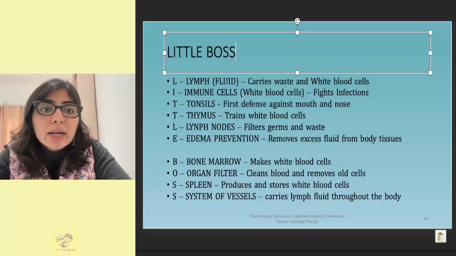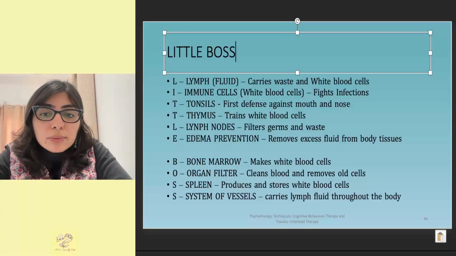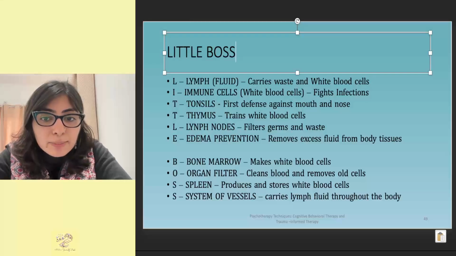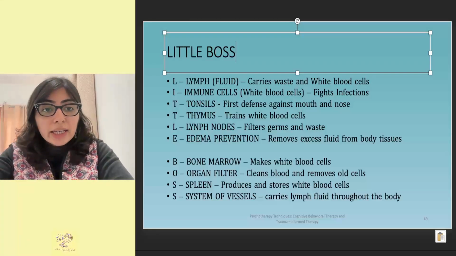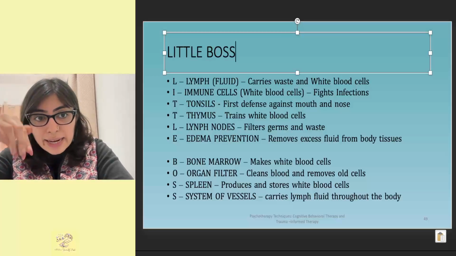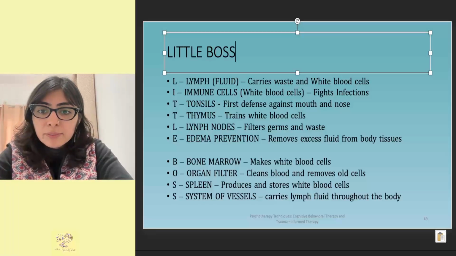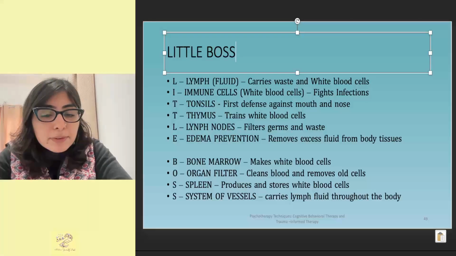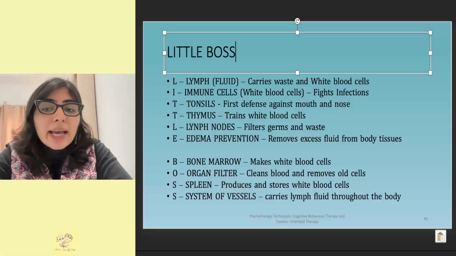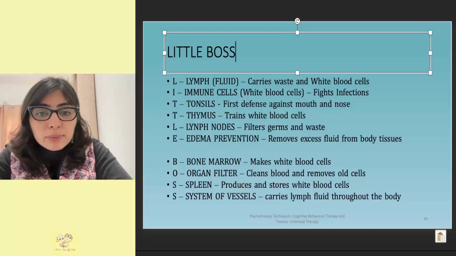Spleen is another part on the left side of the body. It produces and stores. So the spleen is producing white blood cells, and bone marrow is producing white blood cells, which again flow inside the lymphatic capillaries. And then there is a system of thin tubes, thin pipes called vessels, and they carry the fluid throughout the body.